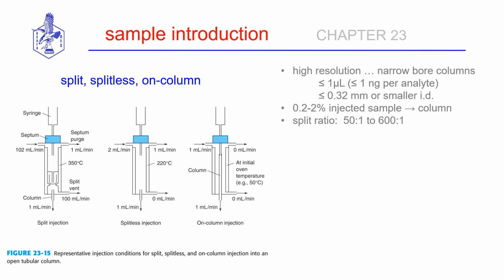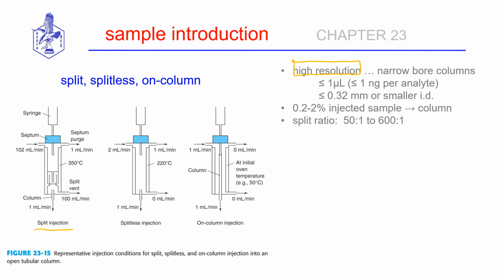So if we are doing very high resolution work using narrow bore columns, okay, we have to limit the amount of sample that is carried down onto the column because we have very limited stationary phase material and we will not get a clean separation if too much sample is carried down. So if we're doing trace analysis using a narrow bore column, we want to run our separation and our sample introduction in the split mode, split injection.